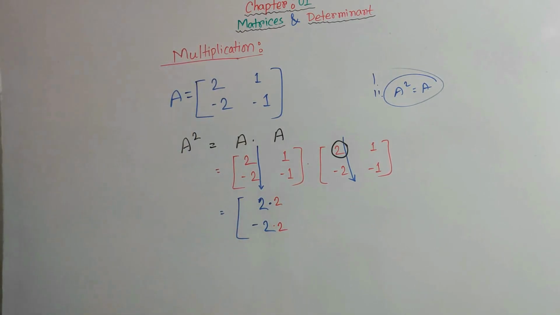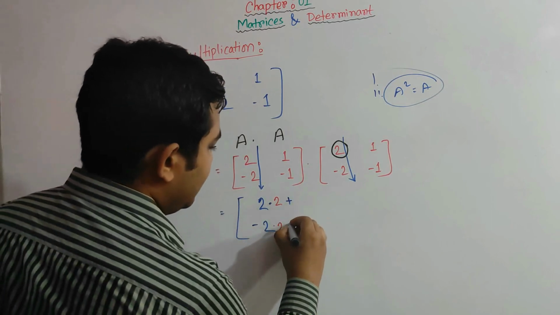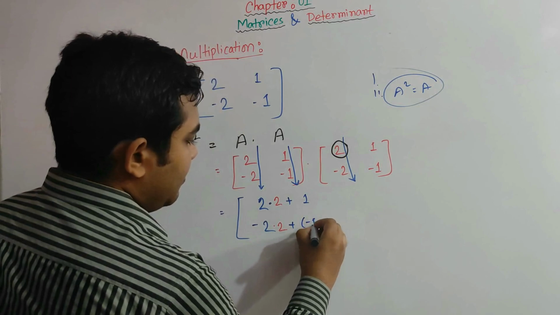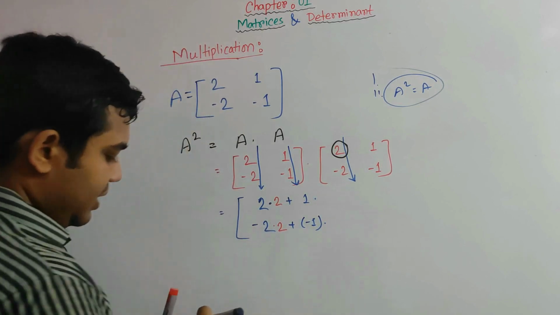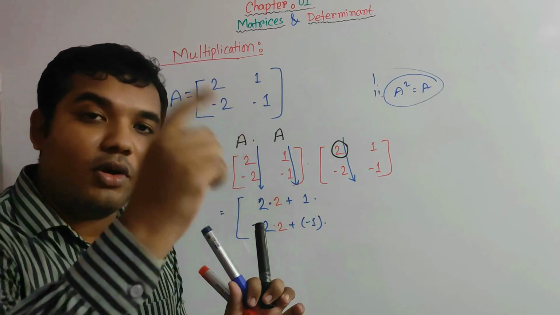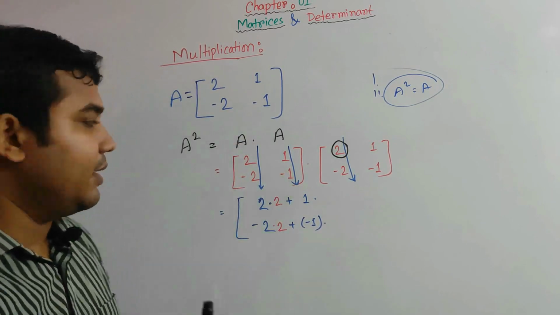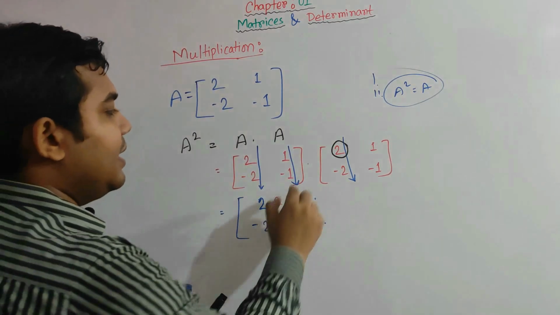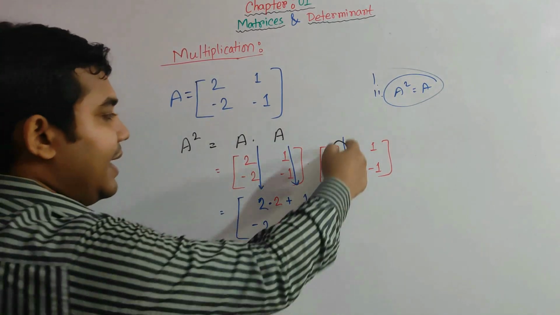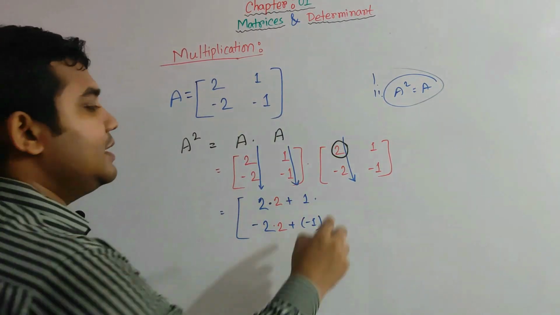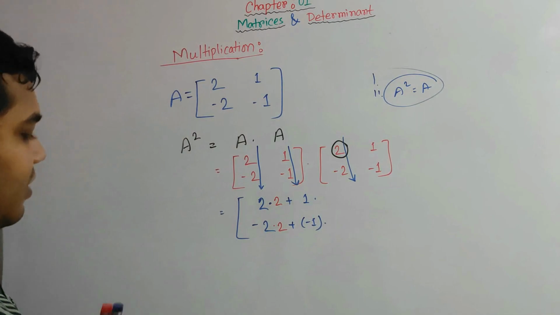Now take a plus sign, then write this column 1 minus 1, and it should be multiplied with minus 2. We will always think about the column. So these two column works are done, and one part is already done. The remaining part is minus 2, so we have to multiply for minus 2.